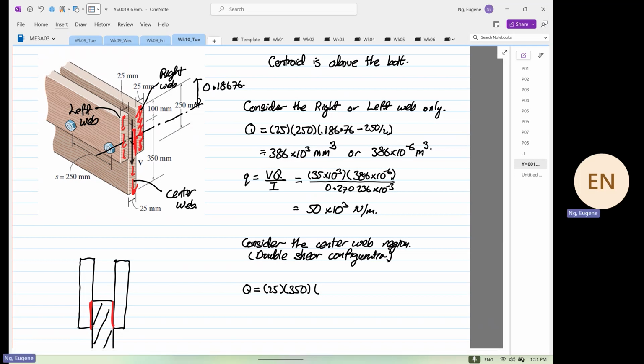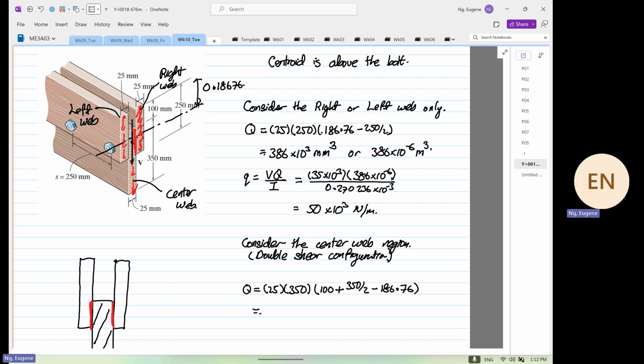This part I have to be careful. So this is equal to 100 plus 350 divided by 2, minus 186.76, times 25 times 350.